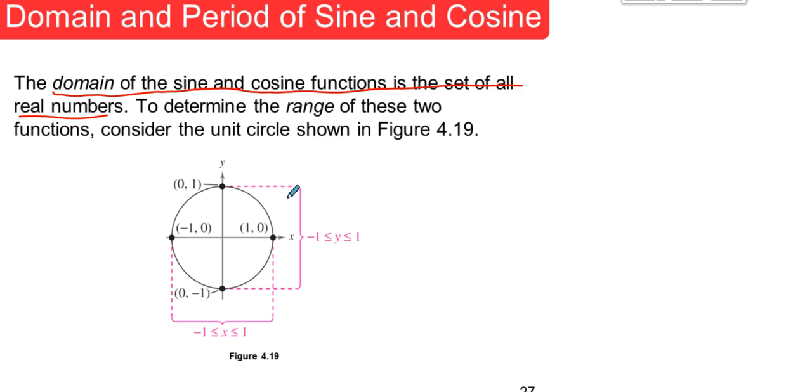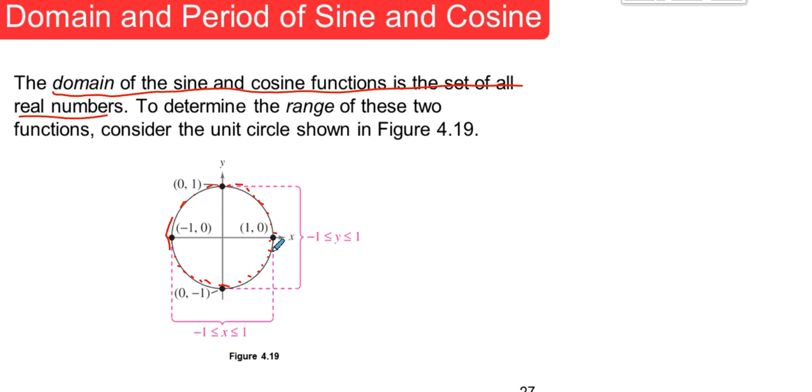Notice that as we go around the unit circle, the x values, which are cosine, go from -1 to 1, and so do the y values. They go from -1 to 1, but in different places, so to speak. Let's think about what that means.